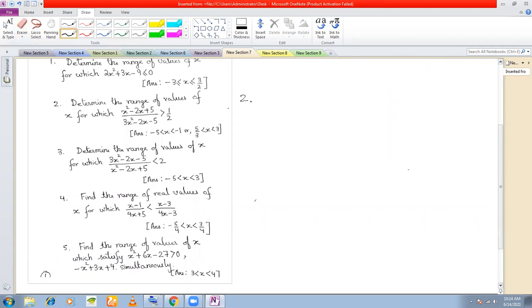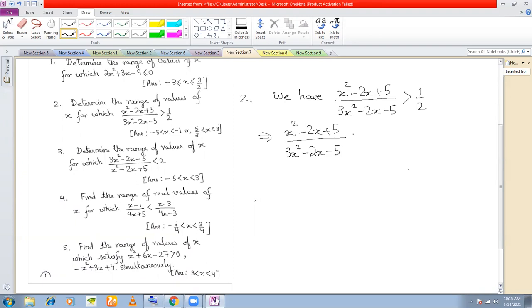Question is determine the range of values of x for which x square minus 2x plus 5 divided by 3x square minus 2x minus 5 is greater than half. What you do here is, the first step will be to make the right hand side 0. Minus half. You make the right hand side 0.